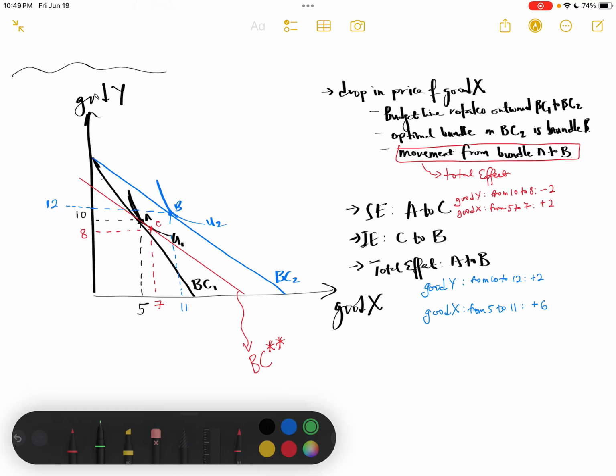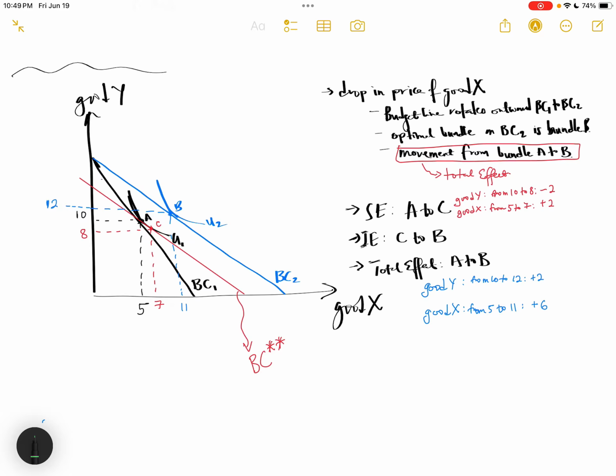Okay, I'm going to use green now. Income effect. Good Y, good X. Okay, income effect goes from C to B. Along the y-axis, C to B is 8 to 12.